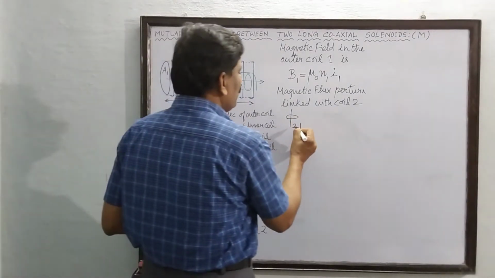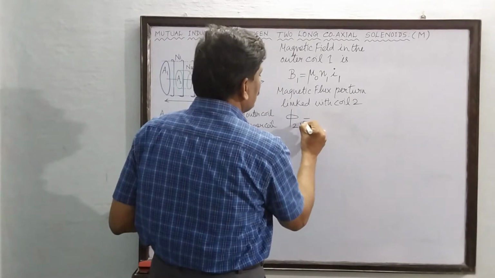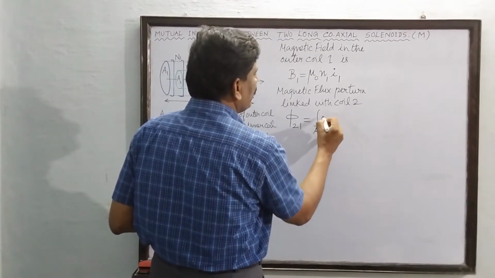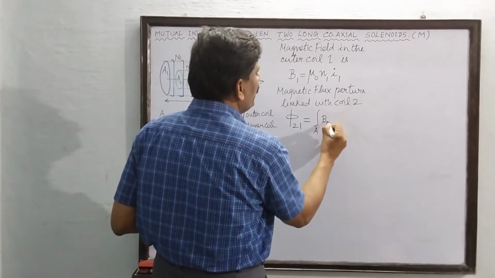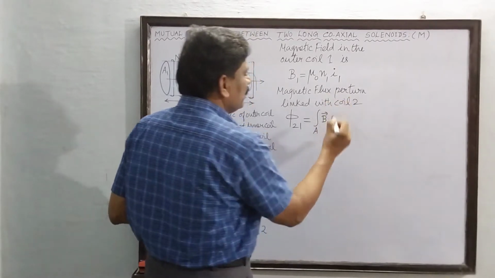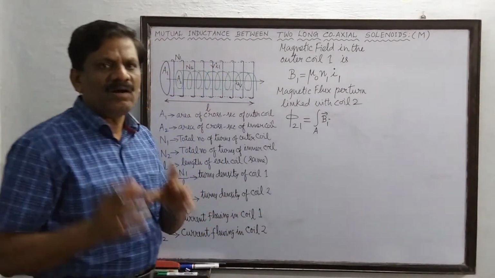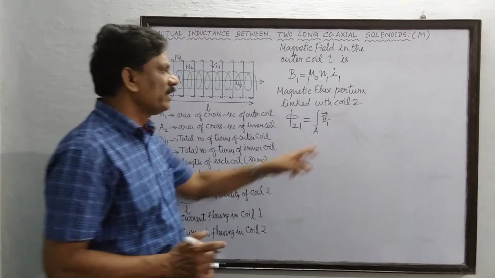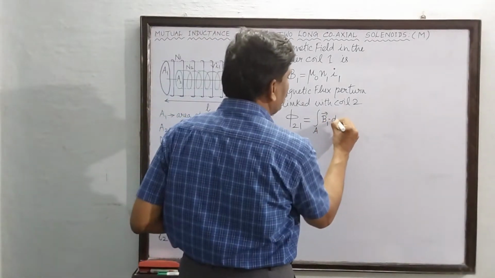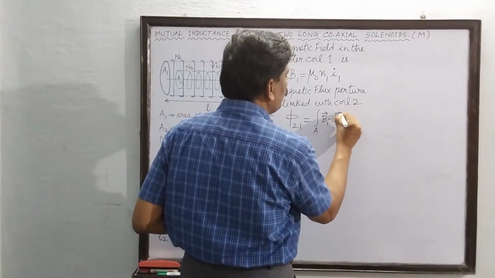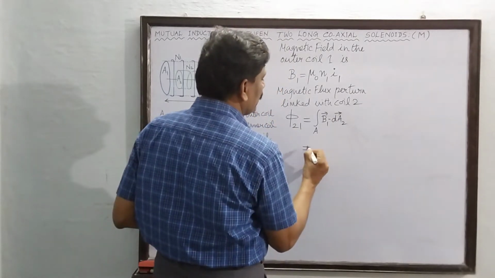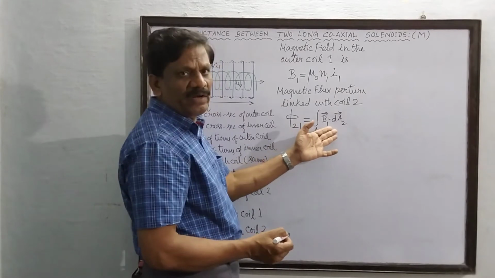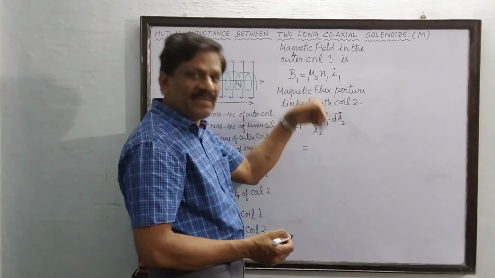So flux phi 2 1 is equal to the area integral of B1 dot dA2, since here we need the area of the second coil that is linked with the magnetic flux. So this is a dA2 vector. We can also write A2, no problem, because it is the area of the second coil which is linked with the magnetic field of the first coil.